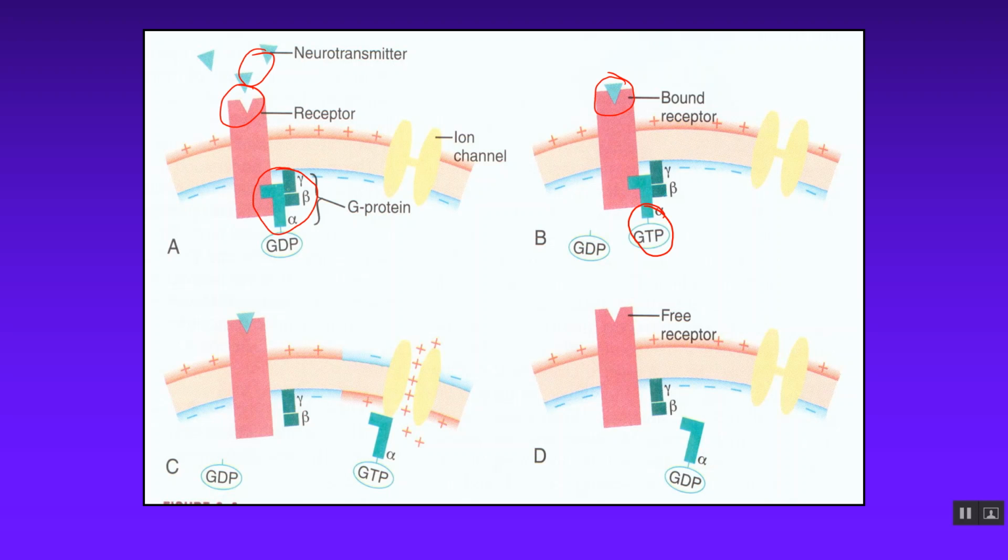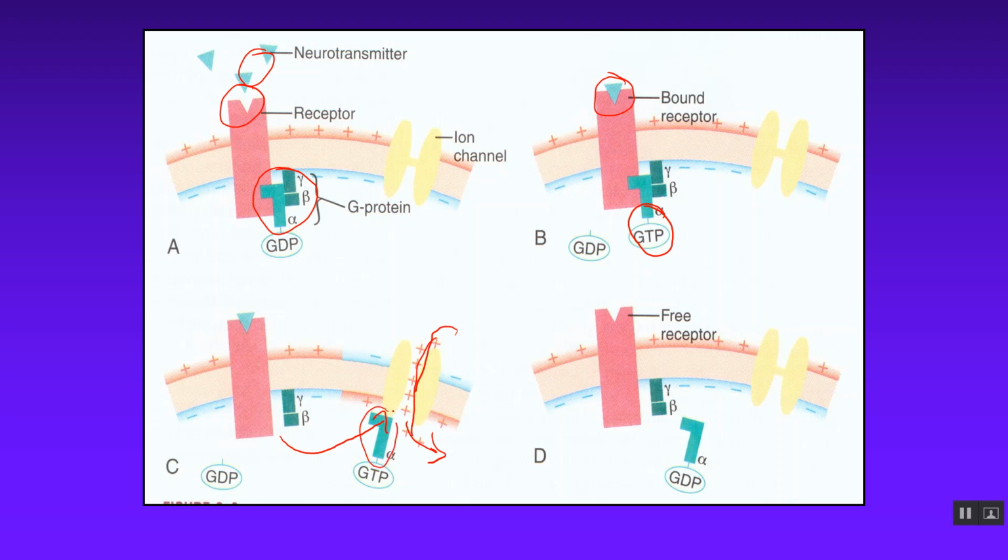Don't need to know the details. That conformational change allows the alpha subunit to actually move in the cell and go over to a protein channel and activate it. And it actually makes that protein channel open. And in this case, it's making it more excitable because it's letting in probably some sodium ions.